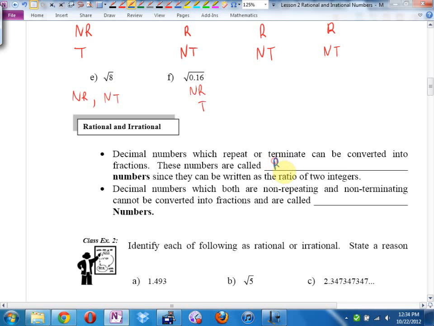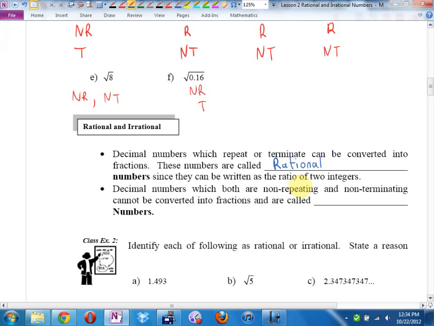The way I remember it is rational and fractional sort of rhyme. If you can write it as a fraction, it's rational. And irrational can't be written as a fraction. These are called rational numbers because they can be written as the ratio of two integers.